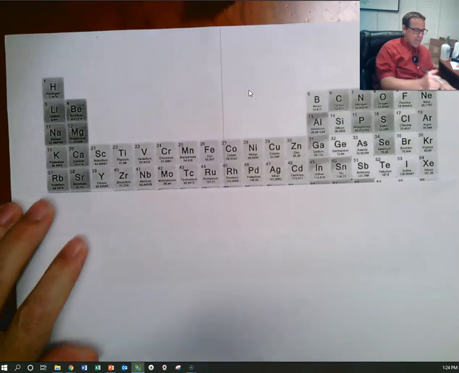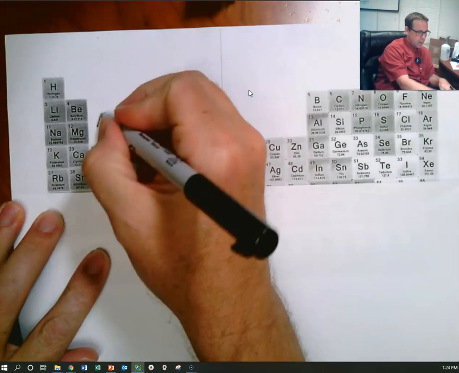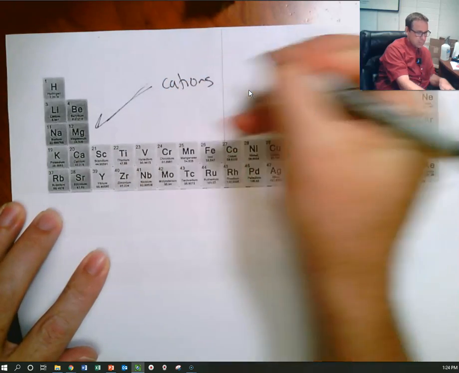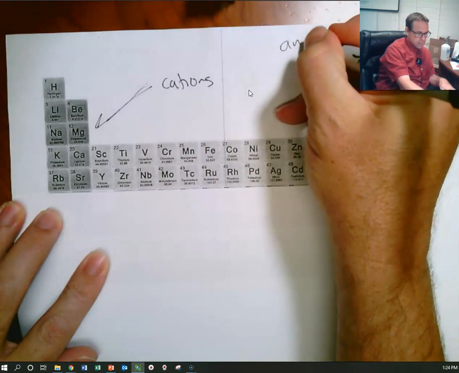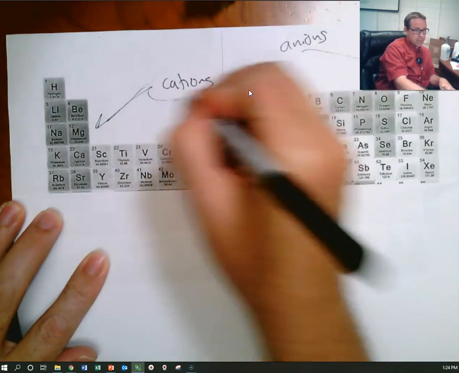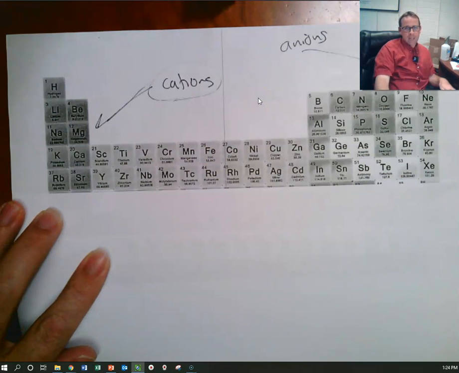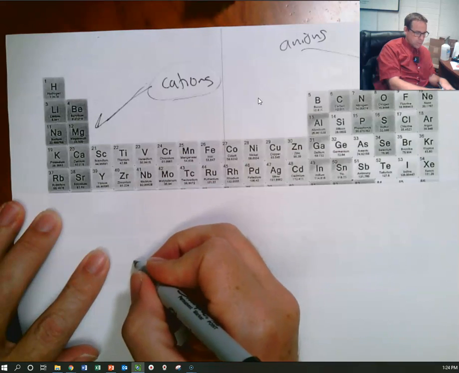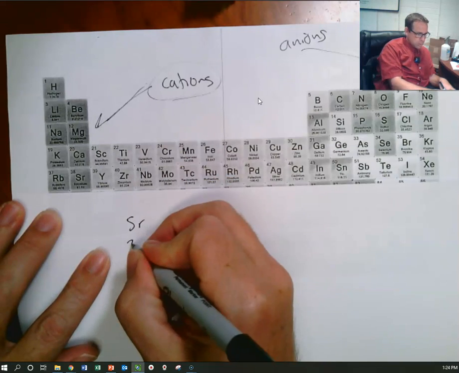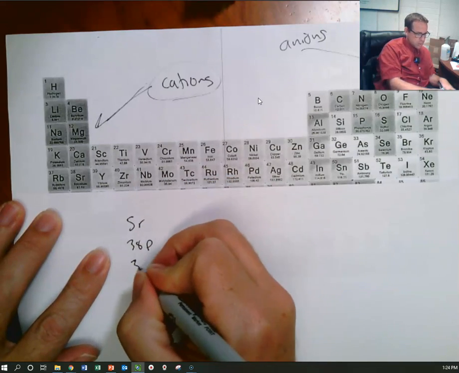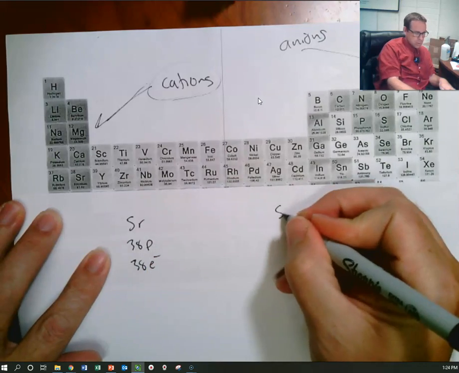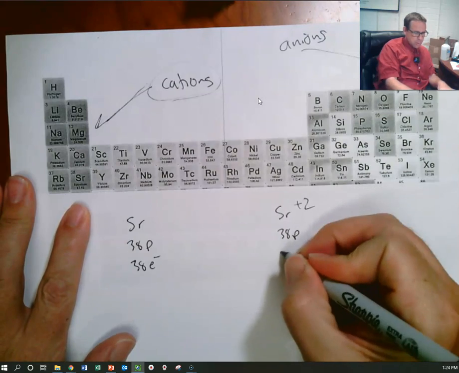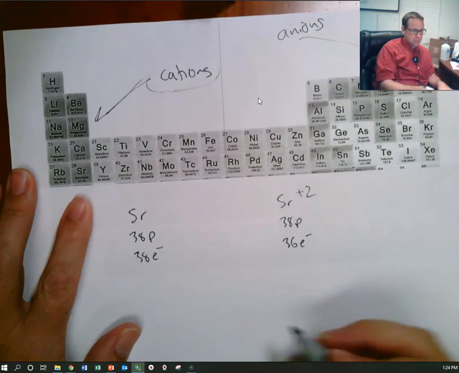In the cationic case, these are our scenarios where we form cations. These are our anions. In the cationic case, the cations are going to be smaller because they're losing electrons. So we got strontium here, 38 protons, 38 electrons. Its ion is a +2, still 38 protons, but only 36 electrons.